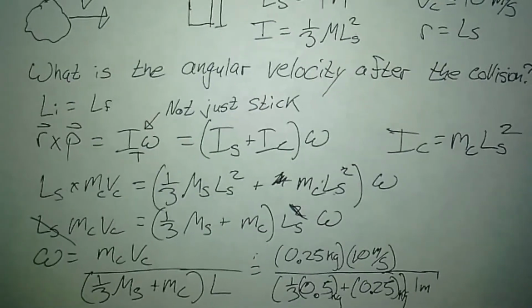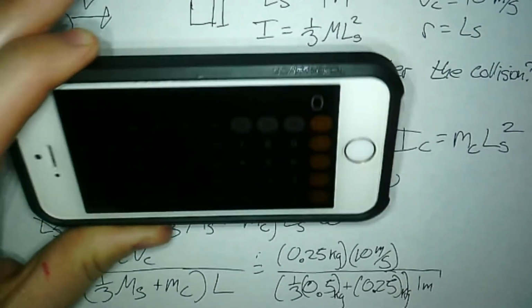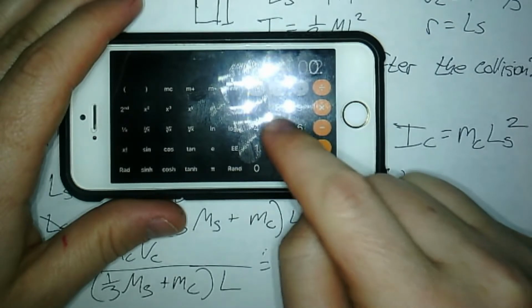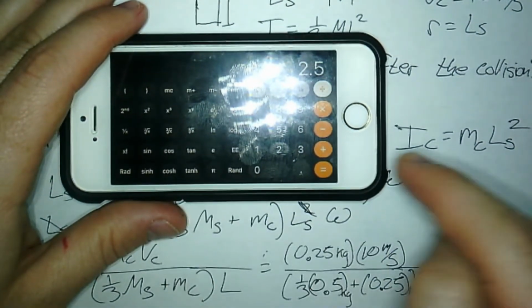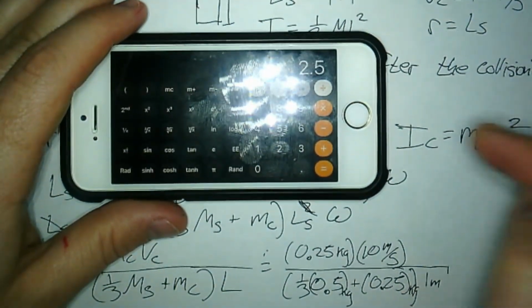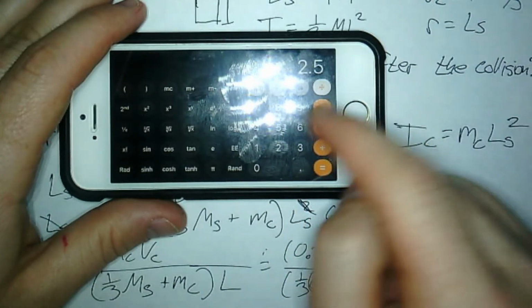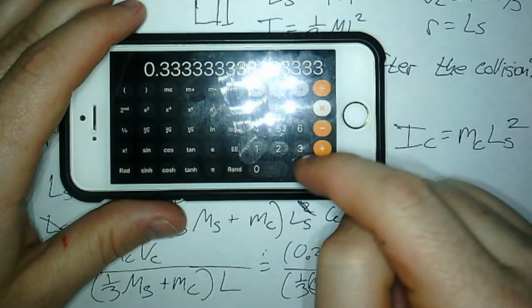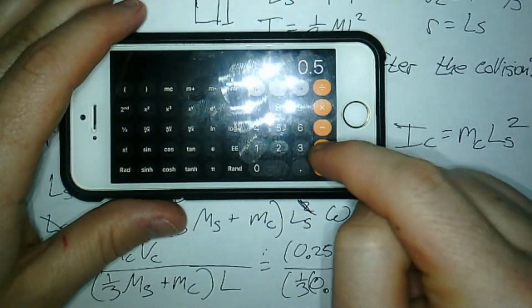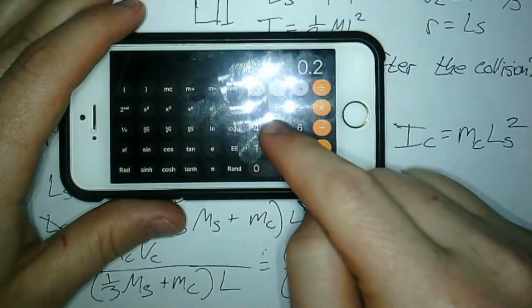Okay, now it's calculator time. I want 0.25 times 10 divided by, parentheses, 1/3 times 0.5 plus 0.25, close parentheses.